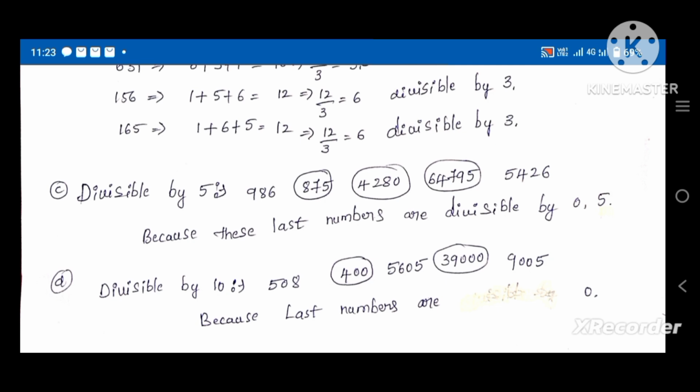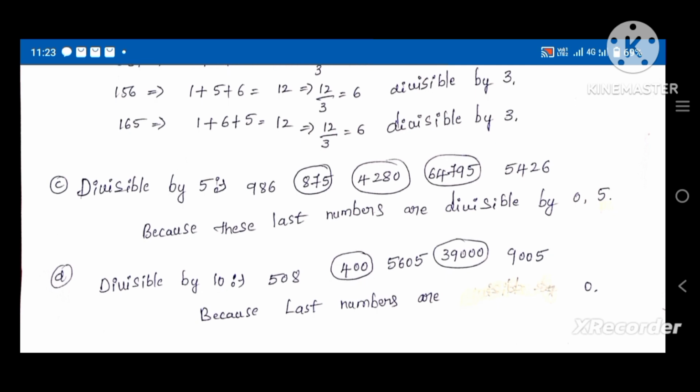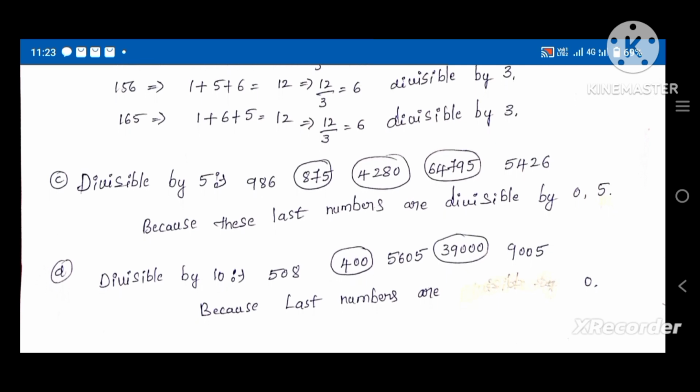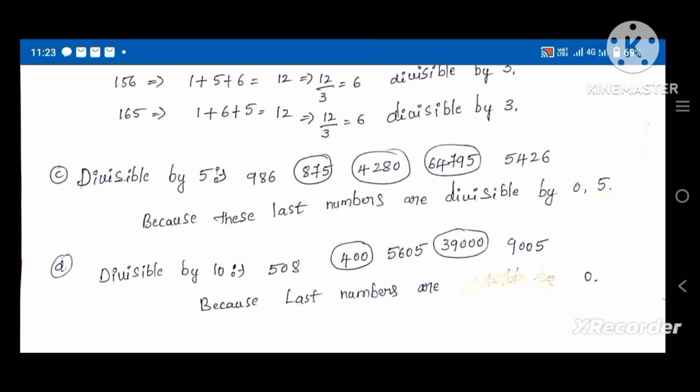Divisible by 10: 439,000, because the last digit is 0.